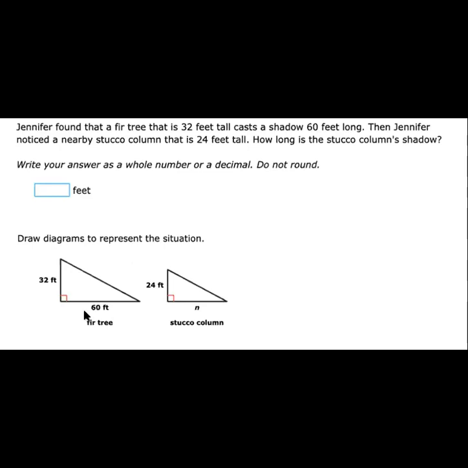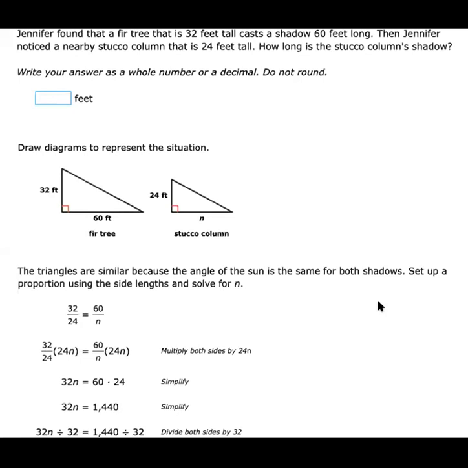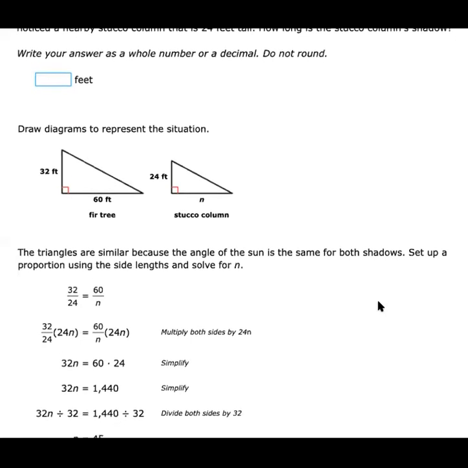The shadow cast is 60 feet long. And then the shadow cast in the stucco, we're not sure. So that's going to be our variable, our n. All right. Triangles are similar because the angle of the sun is the same for both shadows. Set up a proportion using the side lengths and solve for n.